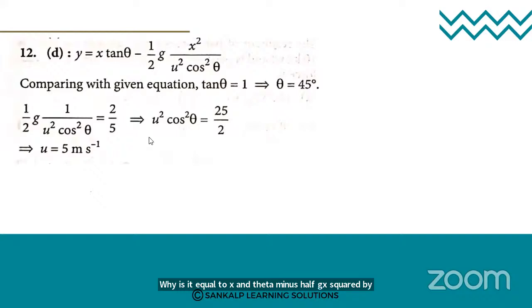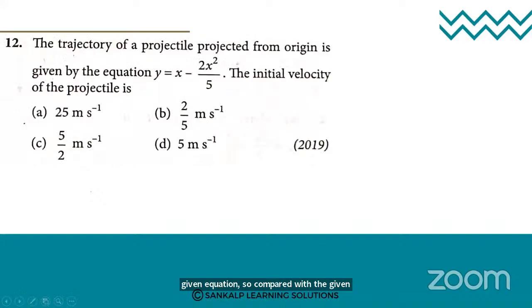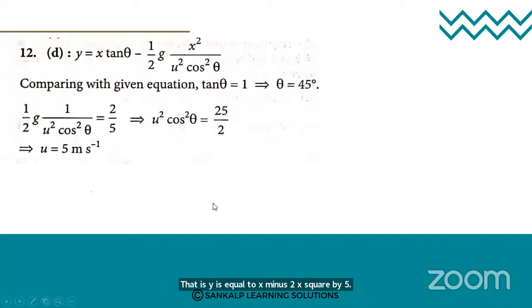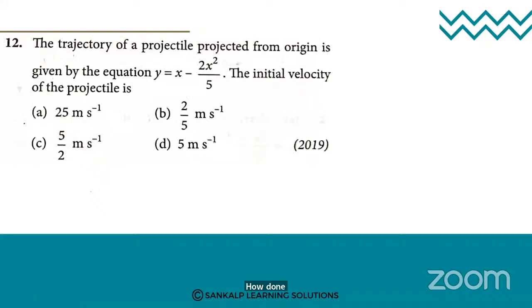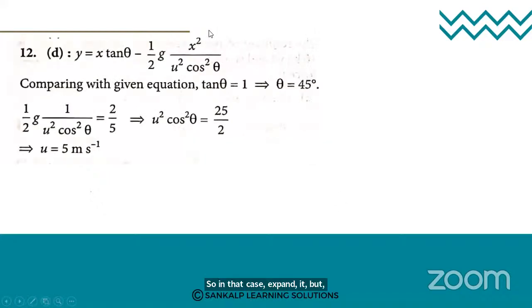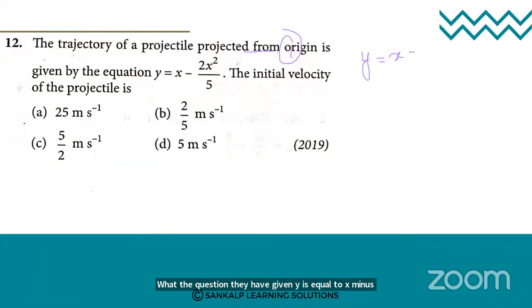So compare with the given equation, that is y is equal to x minus 2x square by 5. In the given equation there is only x in place of x tan theta, so compare accordingly, students. You have already studied the equation of a parabola. What equation have they given? y is equal to x minus 2x square by 5.